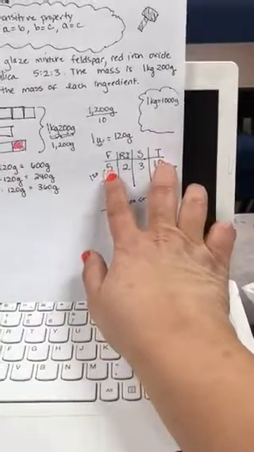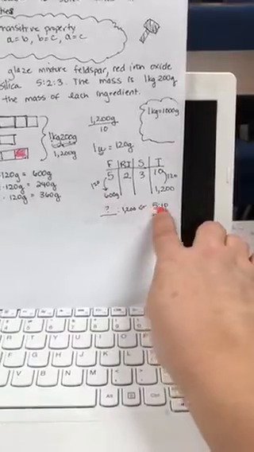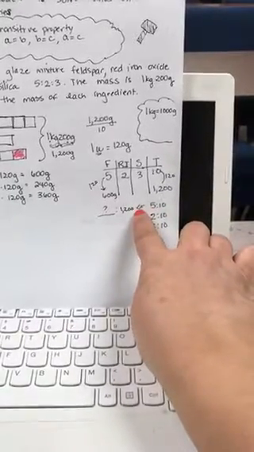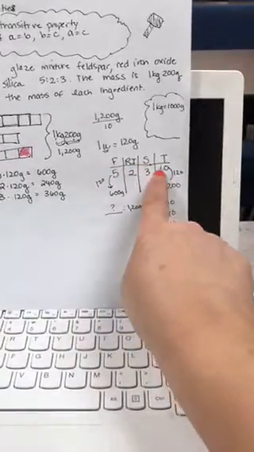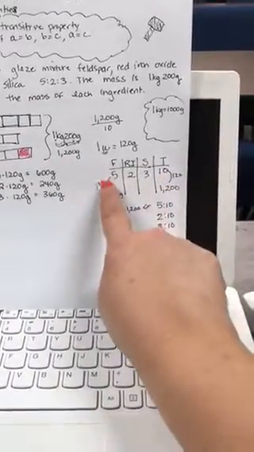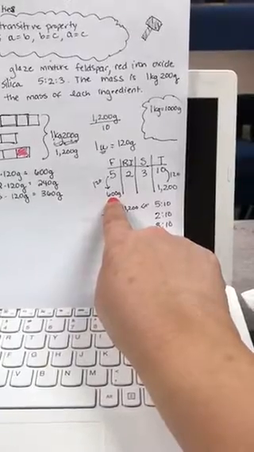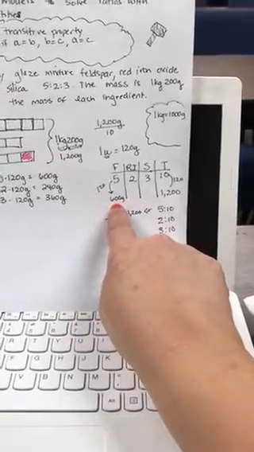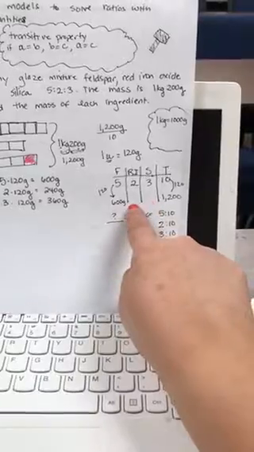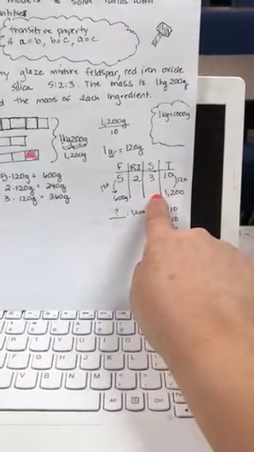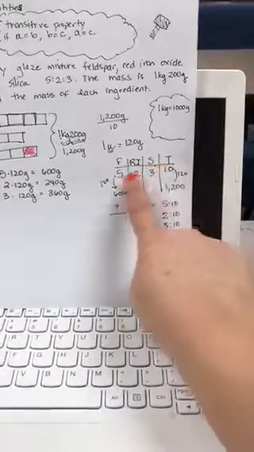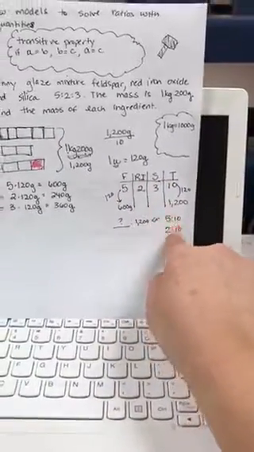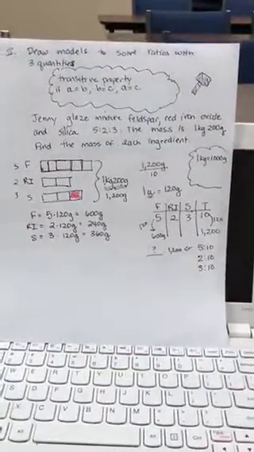So 5 to 10. So that's what this one is. 5 to 10 is the same as blank to 1,200. And so since I have to multiply by 120 here, I multiply by 120 here to get the amount of feldspar. And then I would do the same to fill in the red iron oxide and the silica. So essentially I'm taking the part to part to part ratio that I was given and creating part to whole ratios.